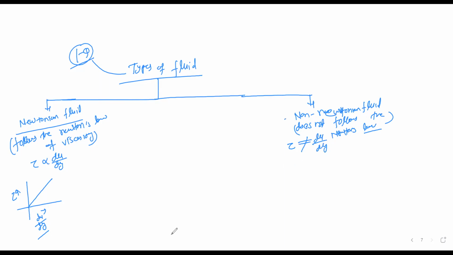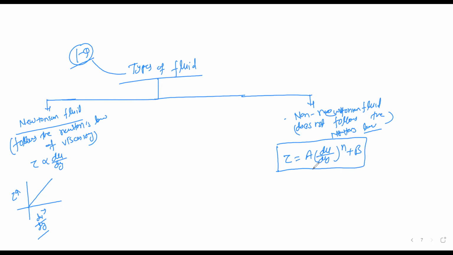There is a different equation, given as tau equals a into (du by dy) to the power n, plus b. So this is the non-Newtonian fluid equation.